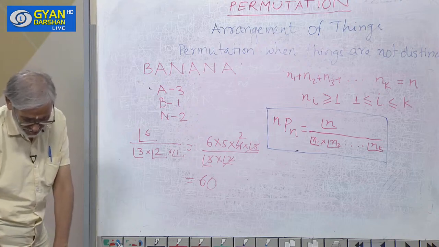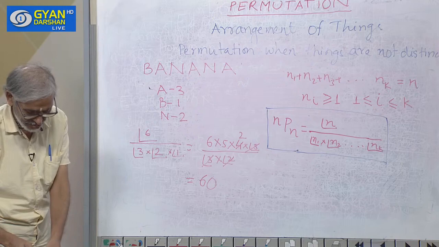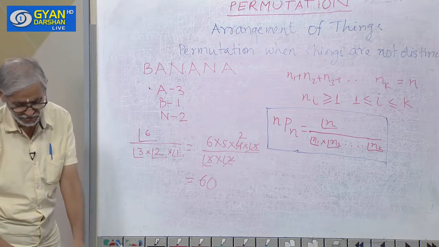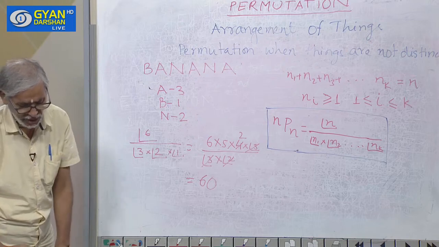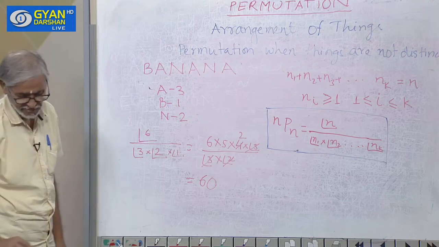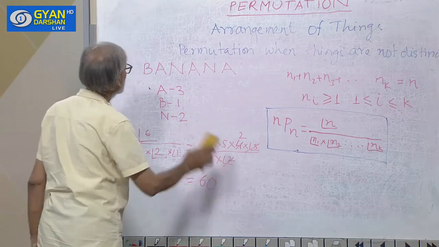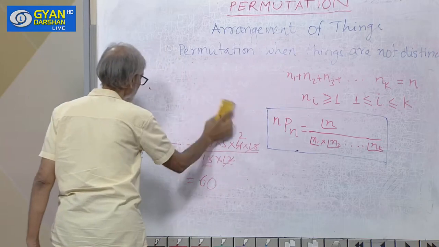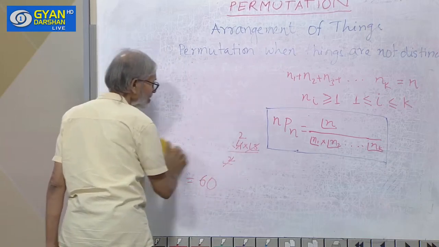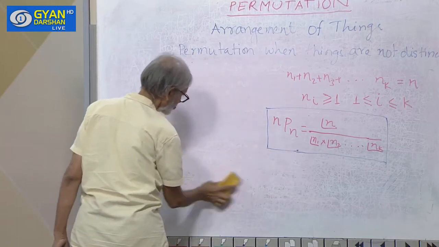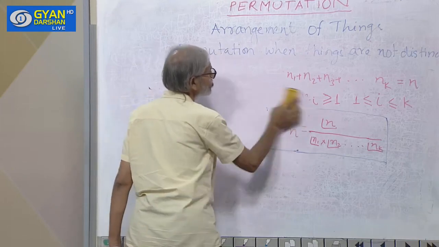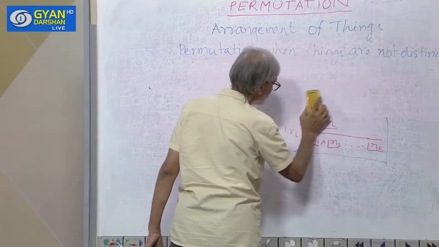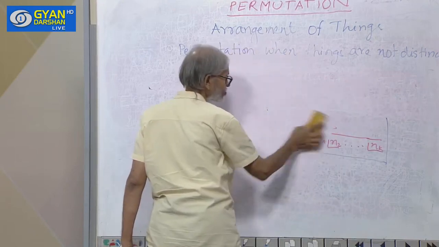So, let us take one more thing. Suppose repetition is allowed, then what is the formula?